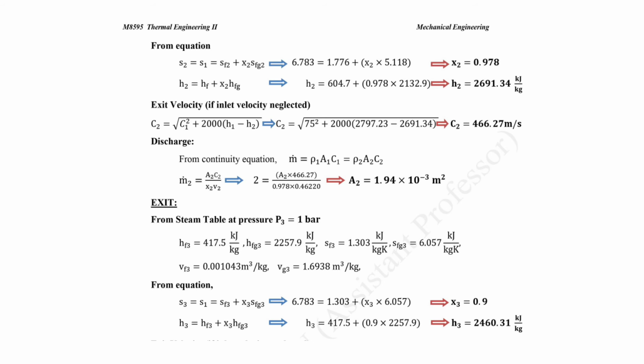In that way we can calculate the enthalpy value at the throat, H2 is equal to Hf2 plus x2 Hfg2, and the exit velocity, if inlet velocity is neglected, C2 is equal to square root of C1 square plus 2000 multiplied with H1 minus H2.